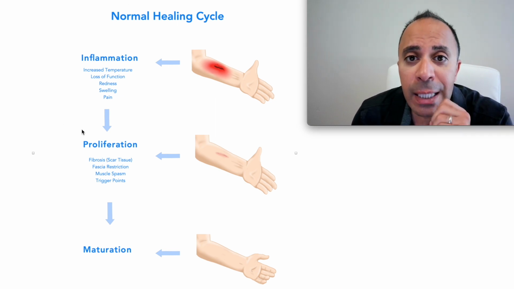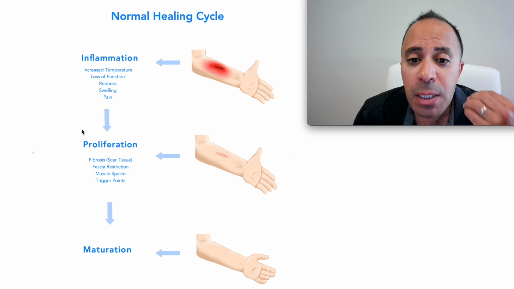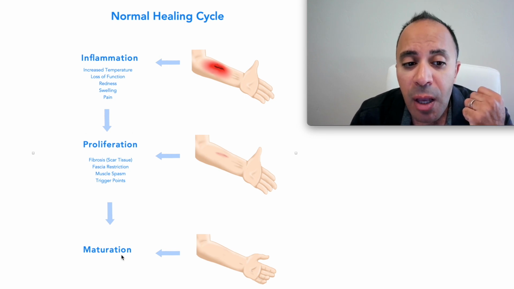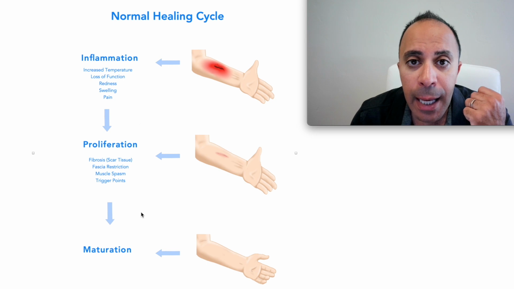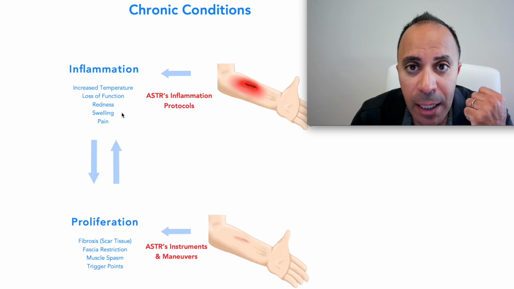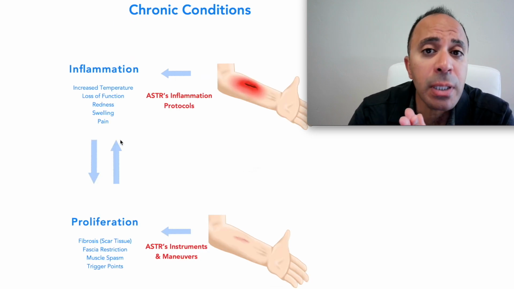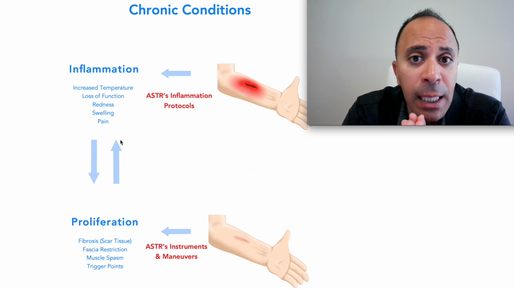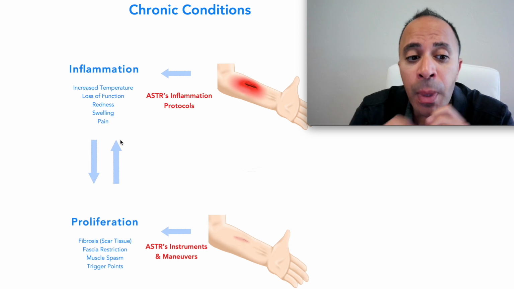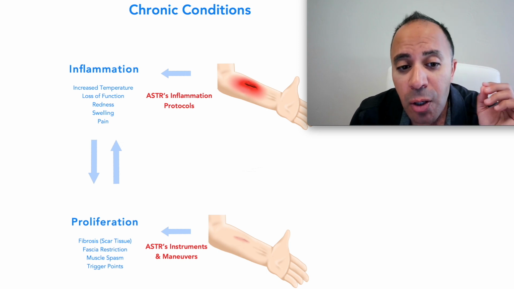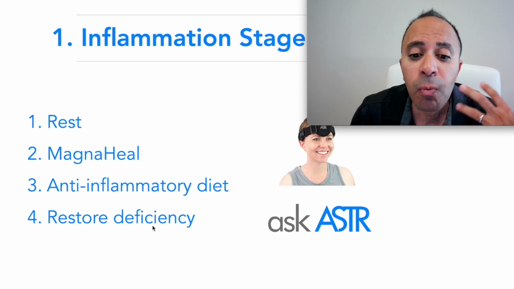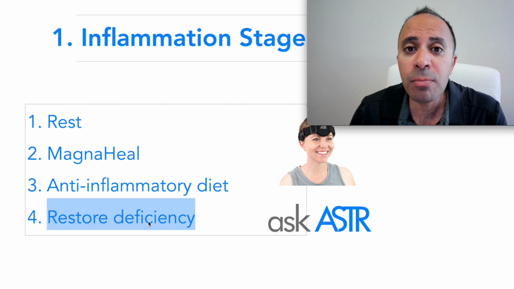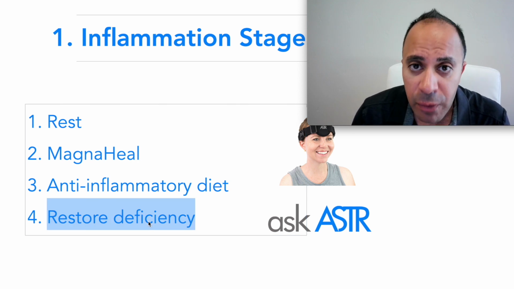If you have any deficiency in certain vitamins and minerals, your body will never be able to transition in the healing cycle, and you're going to be going back and forth here. There are several studies showing low back pain could be related to vitamin and mineral deficiency. So if you have a chronic condition and your body's not healing, one of the things that needs to be done is figuring out if you have deficiency.